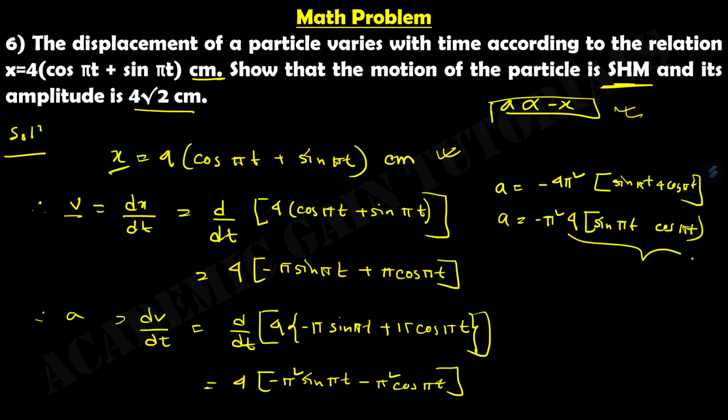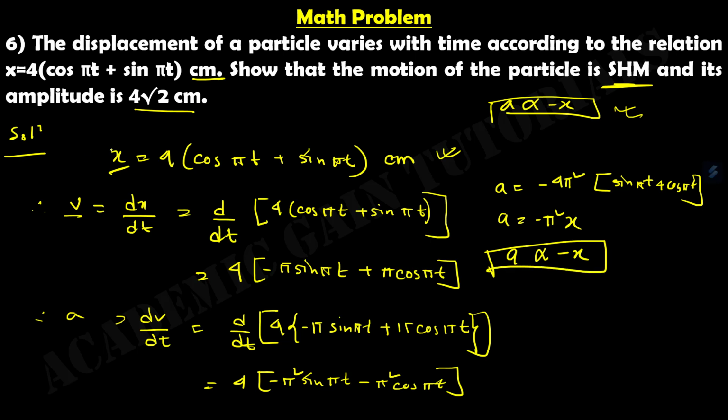So we can write this as x, and from that we get a equals minus pi square x. This pi is a constant value, so a is proportional to minus x. This equation has this expression, so we can say that it is simple harmonic motion.